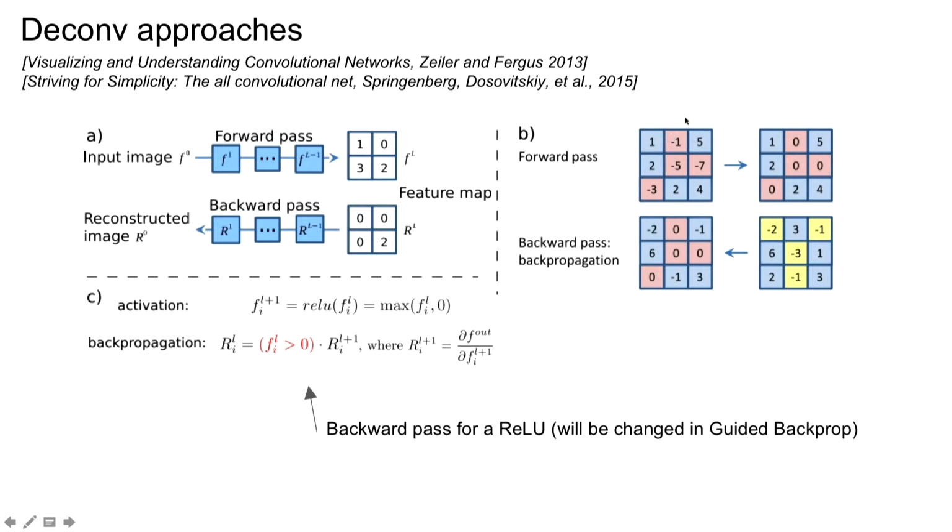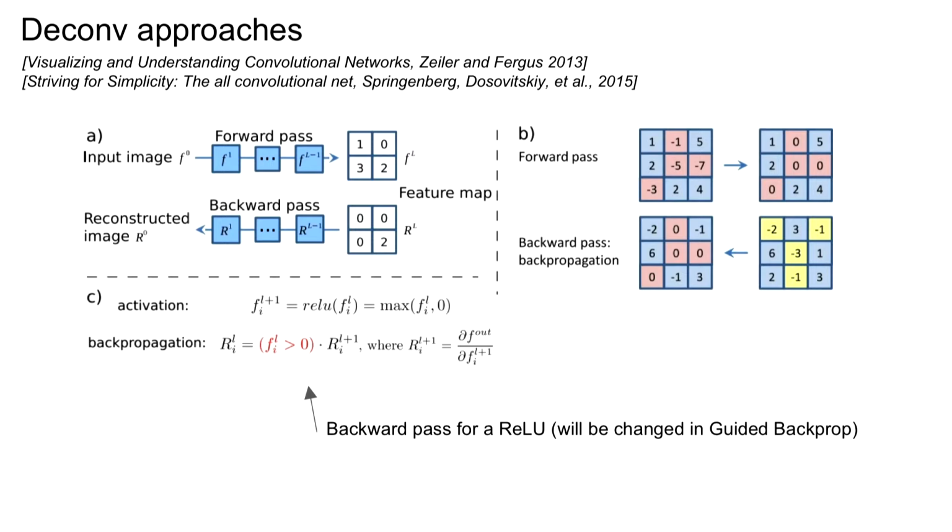So here's a forward pass, and we compute the ReLU output, which has all the negative values set to zeros. In the backward pass, we have some gradients that are shown here, and then the zeros mask out the values. If you recall, the gradient of a ReLU is 0 at the pixels that have negative activation.